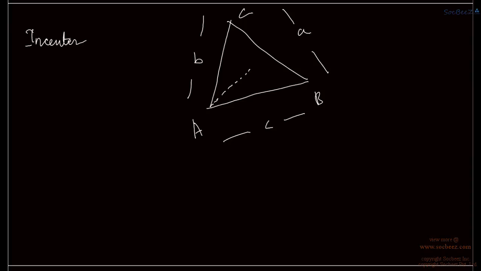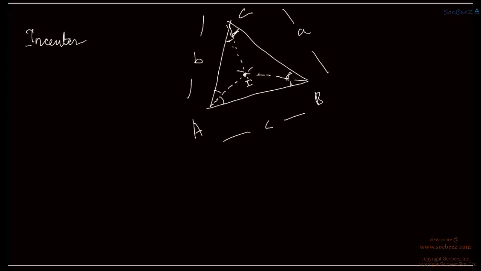This is an angle bisector, and this is another angle bisector. The point of concurrency of all three angle bisectors. Angle bisector means this angle is equal to this angle. Similarly, this angle is equal to this angle, and this angle is equal to this angle. So all three angle bisectors meet at a point which is called the incenter of a triangle.